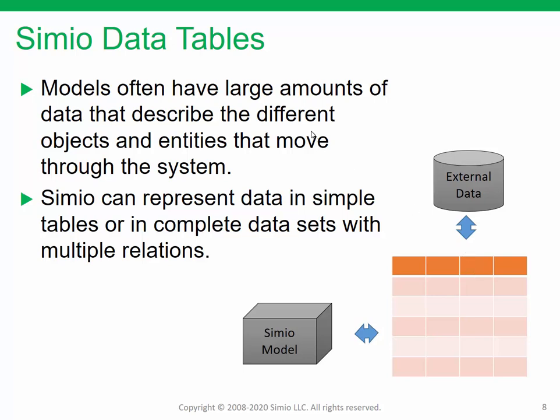Many of the models that we are interested in dealing with deal with large amounts of data, either model description data, operational description data, or performance data that is actually generated by the model. Simio represents data in a very simple tabular form, but can also represent relational structure within data. And it's this ability to easily handle the relational data structure that gives Simio quite a bit of its power.